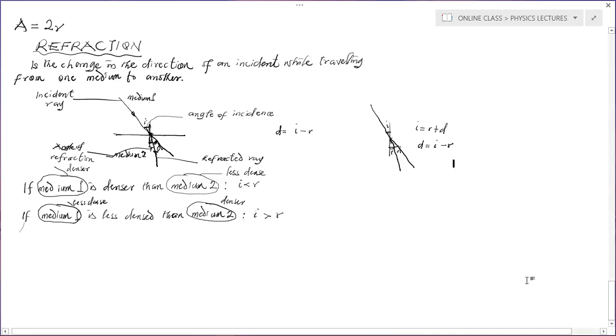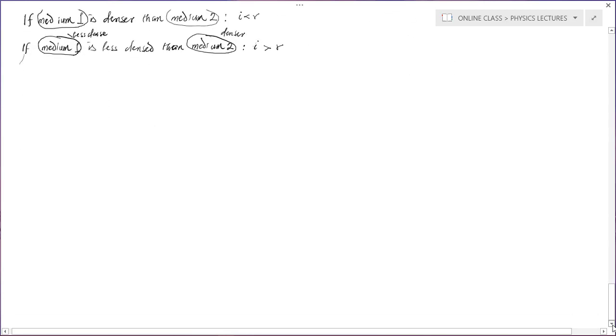This one is common in a triangular prism. That's where we are going now. We want to discuss a triangular prism.